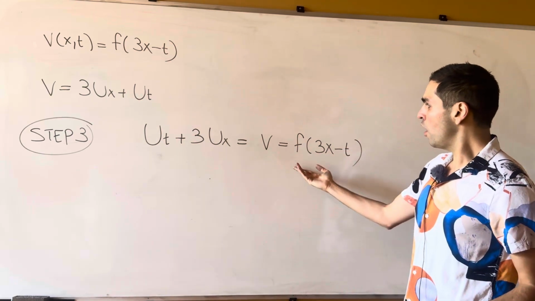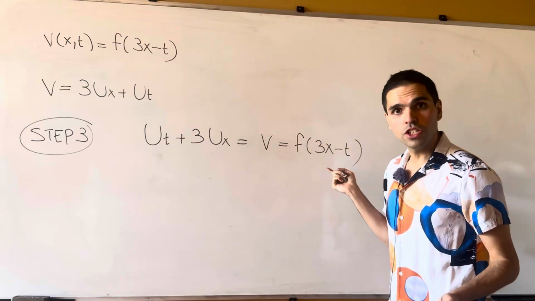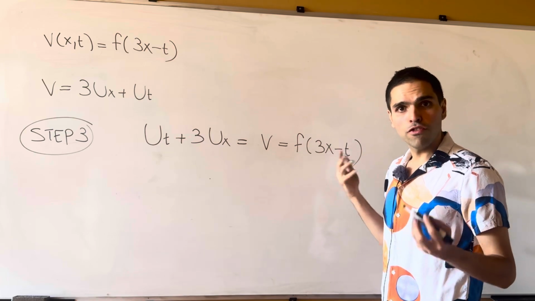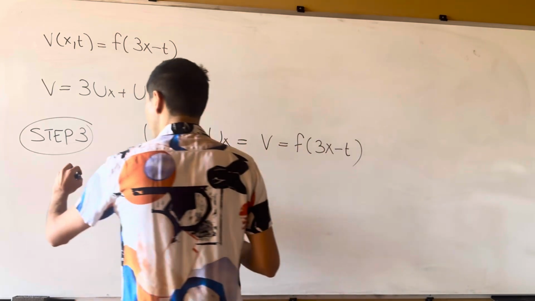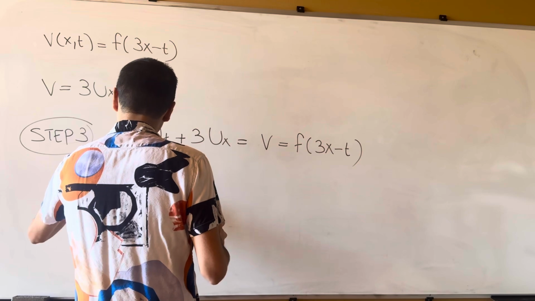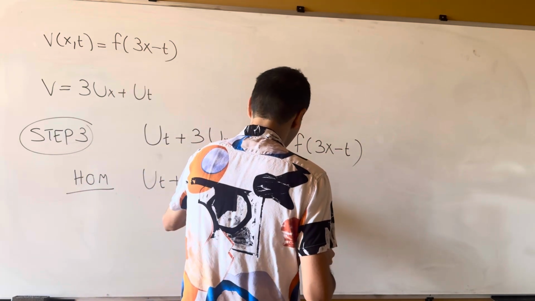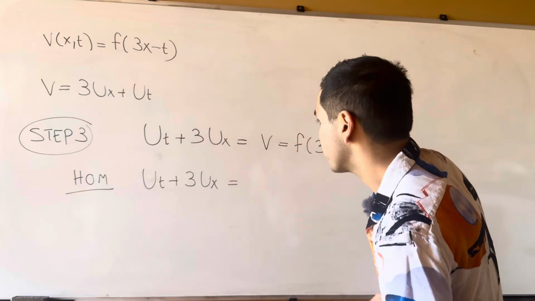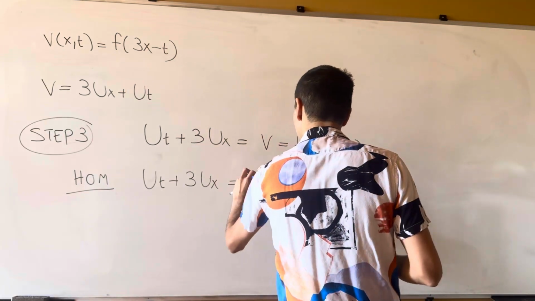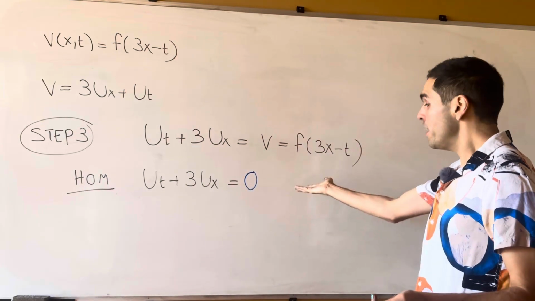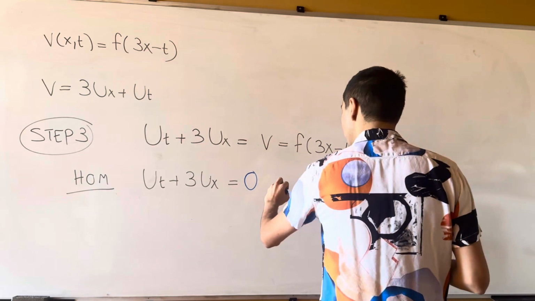And to solve this inhomogeneous PDE, you first find a homogeneous solution. So we have u_t + 3u_x = 0, which now is a legit transport equation.